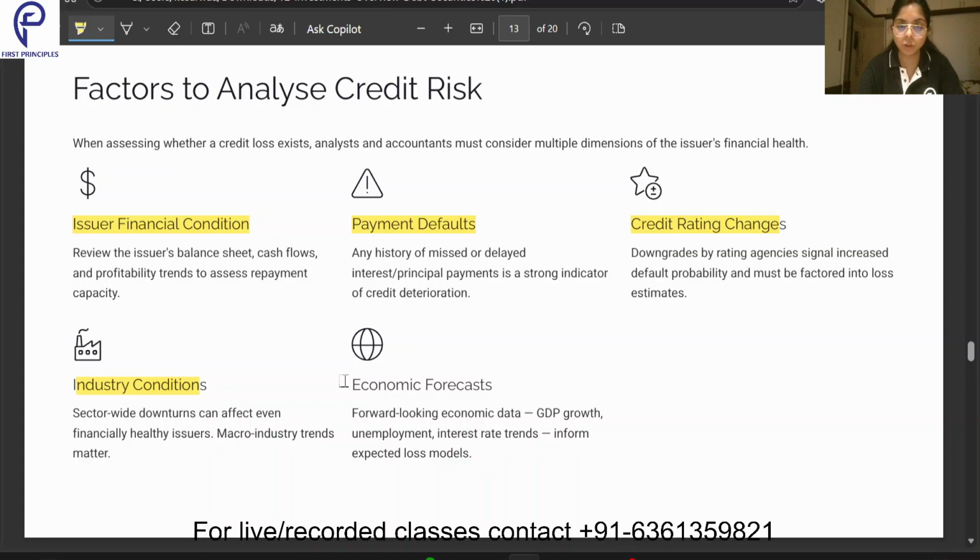Then as per the economic forecast, for example, if many people are forecasting that because World War III is about to happen, a certain kind of industry, maybe say transportation, might decline. In that case, if we have a debenture or a bond from an issuer who operates in such an industry, then we should factor in the credit loss accordingly.